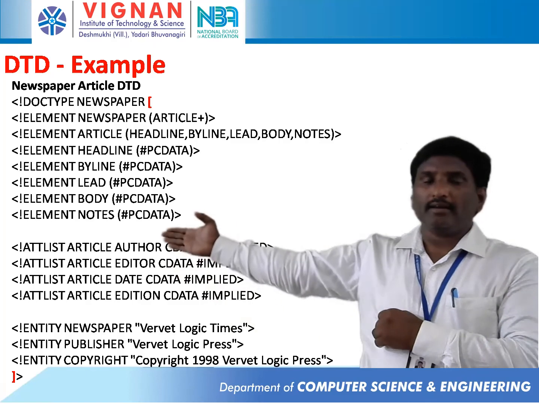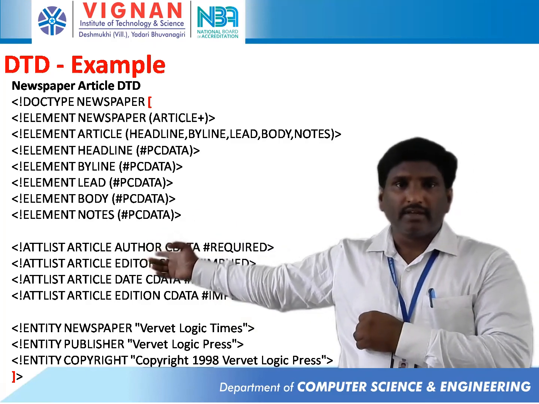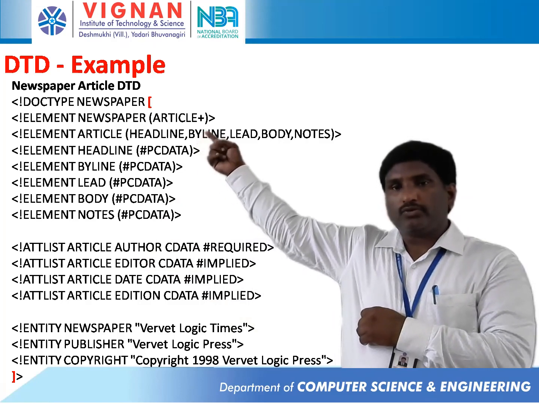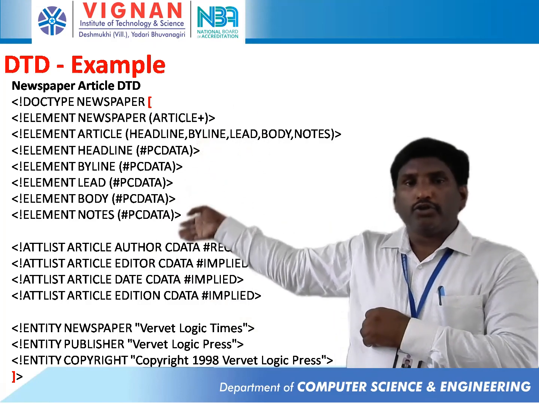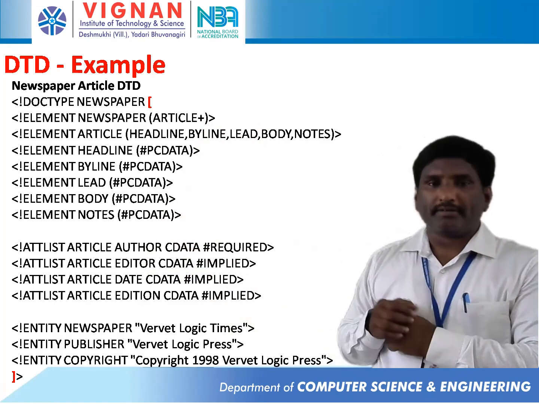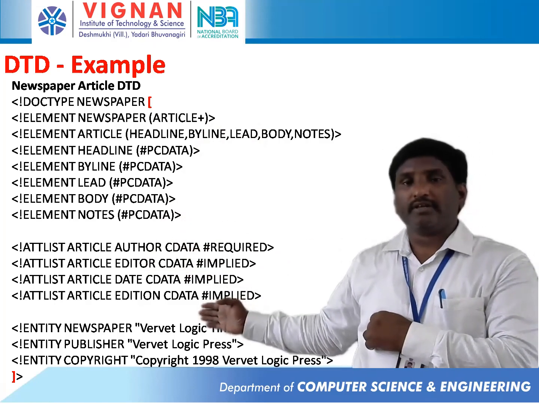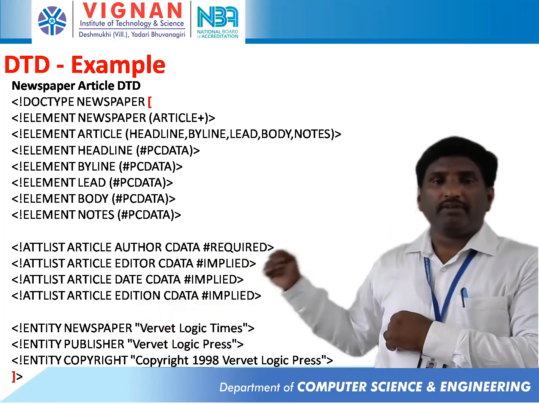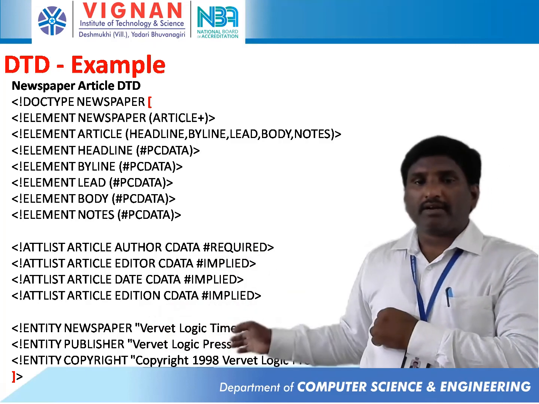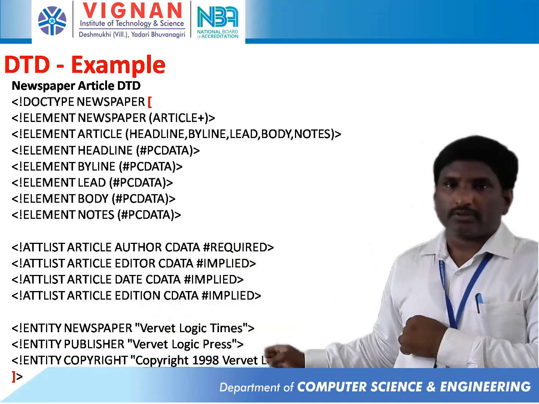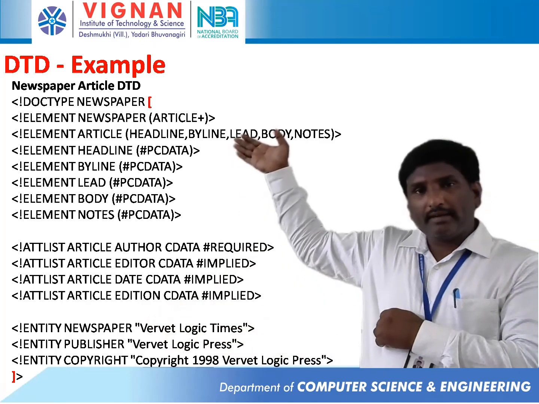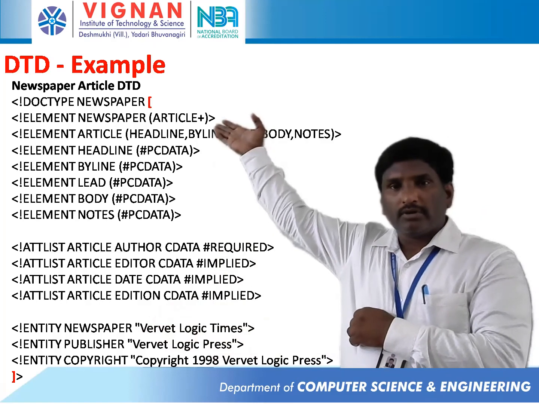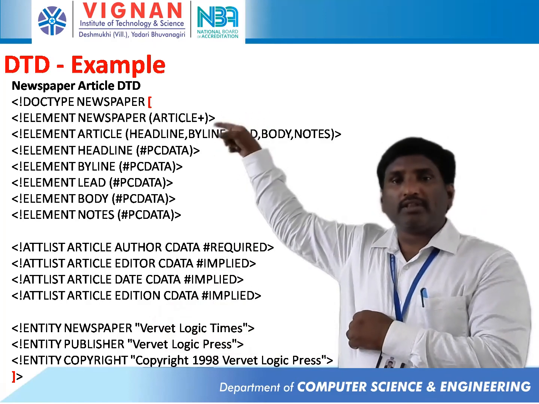Article is a sub element of newspaper. Newspaper is the root, and if you use article, you should write author, which is required. We also use entity declarations: newspaper is an entity name with its value, and publisher and copyright likewise. So we are specifying the DTD for the elements; plus means one or more.